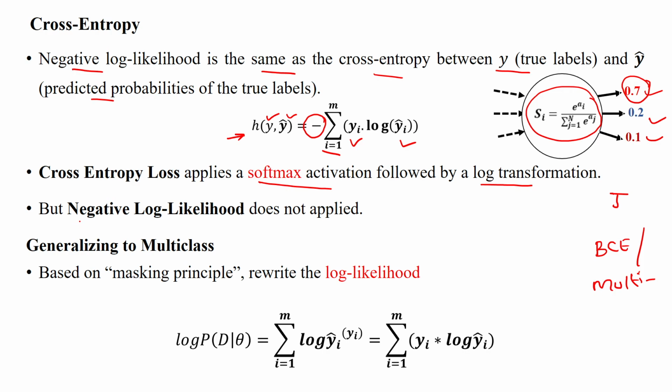When you are using the cross entropy loss with log transformation without applying the negative log likelihood, you get the equation H(y, y cap) equal to summation of i equal to 1 to m number of samples, actual output into log of predicted output y cap i.